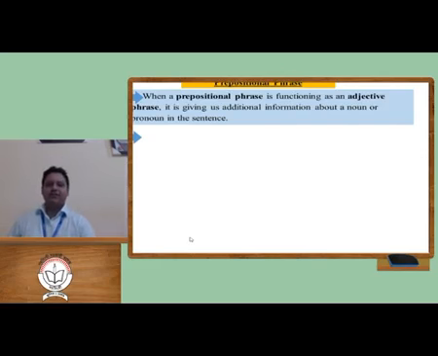When a prepositional phrase is functioning as an adjective phrase, it is giving us additional information about a noun or pronoun in the sentence.